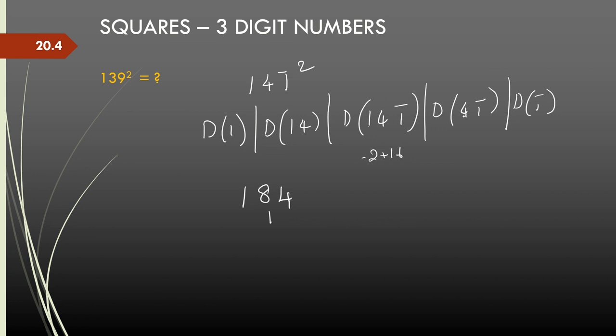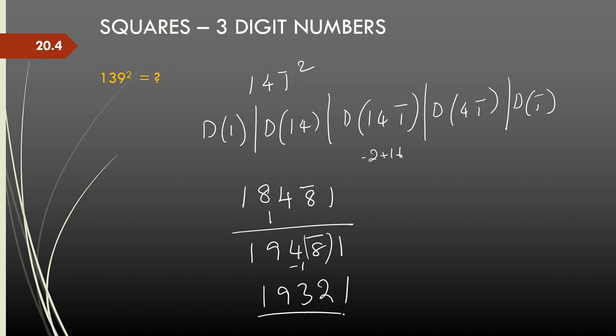Then duplex of 4 and bar 1 is minus 8, and duplex of minus 1 is 1. So we have 1 9 4 bar 8 1. Now if I convert this to normal, it becomes 1 9 3 2 1. So 19321 is the square of 139.